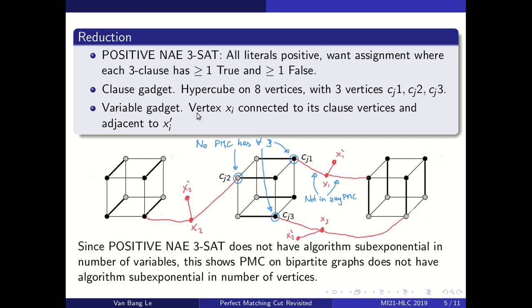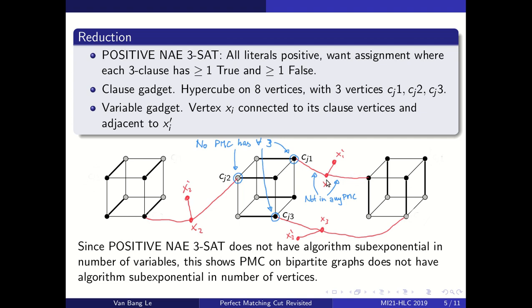So the variable gadget is very simple. We have a vertex x1 for the variable x1, and it is connected to a sort of dummy vertex x1 prime. This will be the only edge to this x1 prime, and that edge will be an edge of any perfect matching cut of this graph.